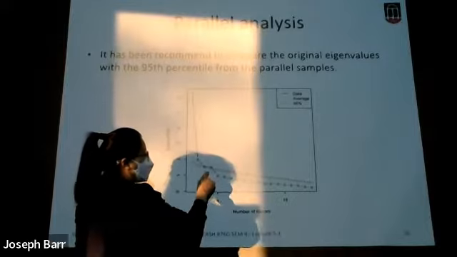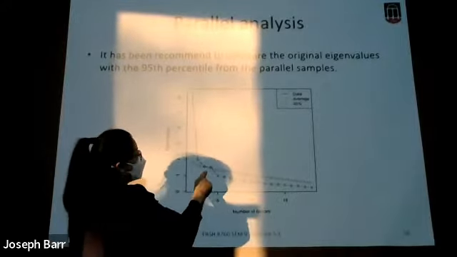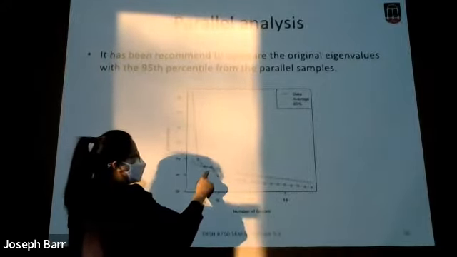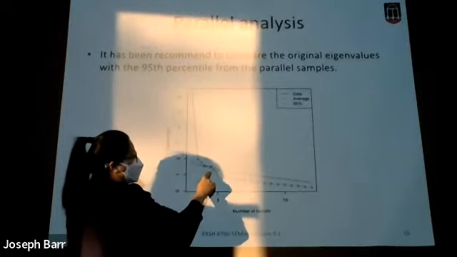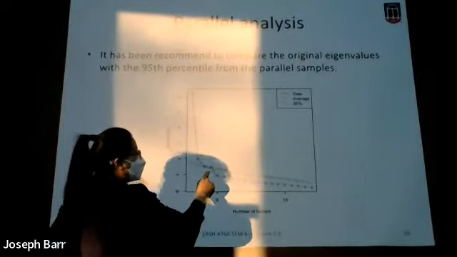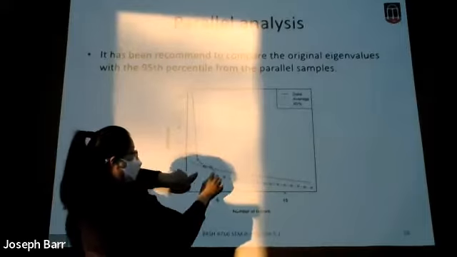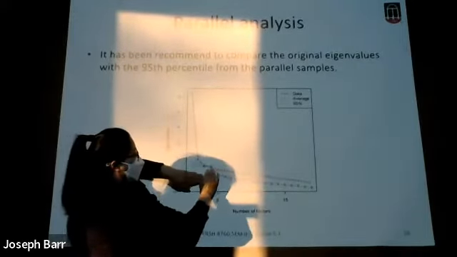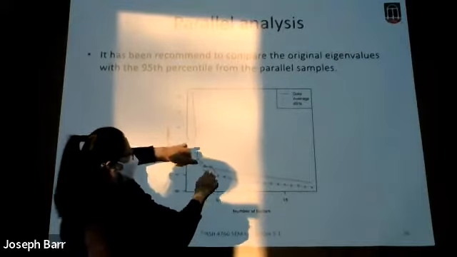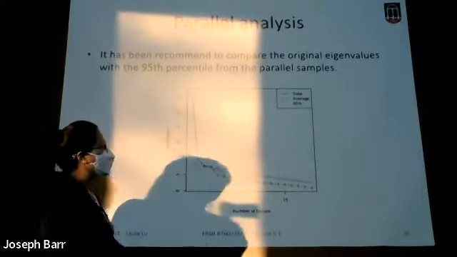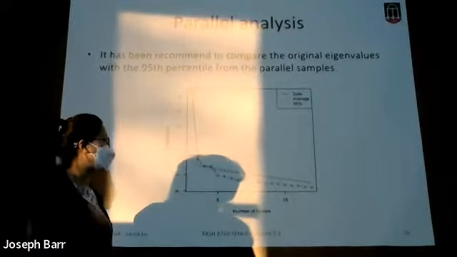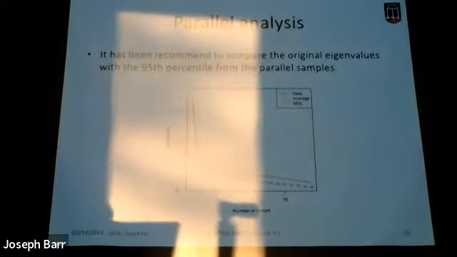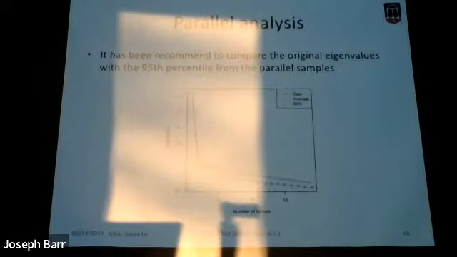If it's here, then by Kaiser's rule we still have 4 because these 2 are still larger than 1. But if we compare with this average line, we decide that we only have 2 because these 2 are below the average line. So in some cases K is not the same, but in most cases it is.